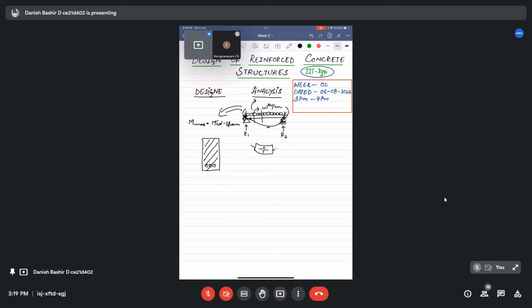Then we have another concept here: fundamental assumptions in design, analysis first.